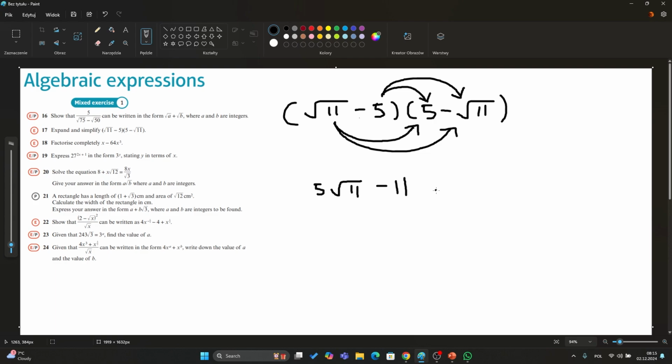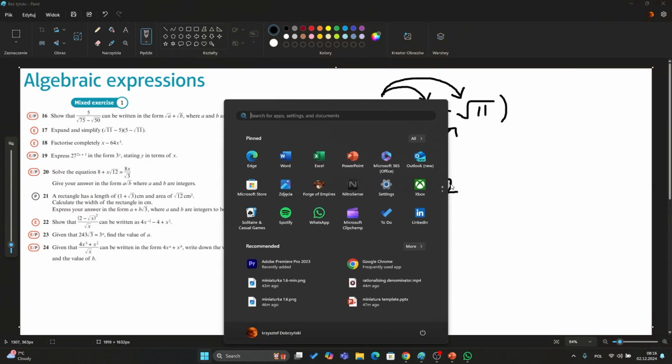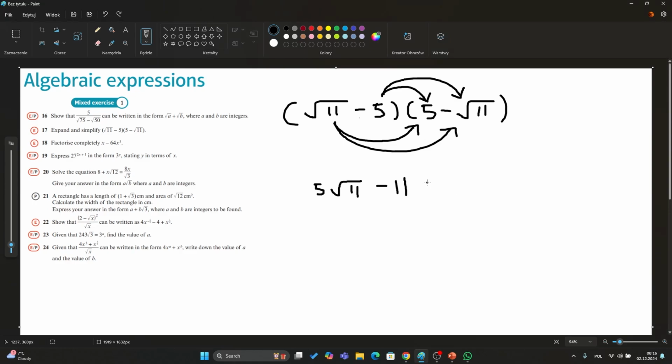Minus 5 times 5 is plus 25. No, it's minus 25. And minus 5 times minus root 11 is plus 5 root 11. So 10 root 11 minus 36 is the answer.